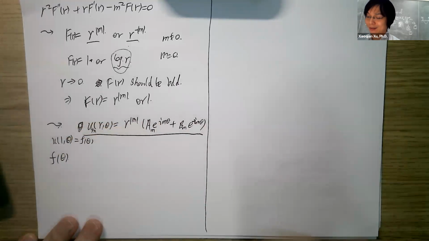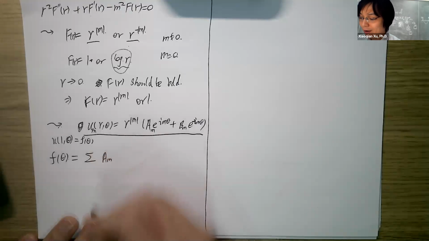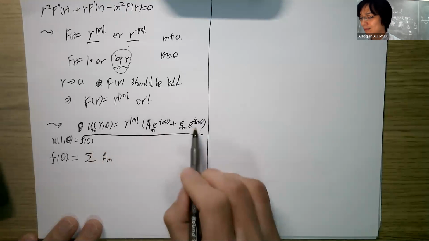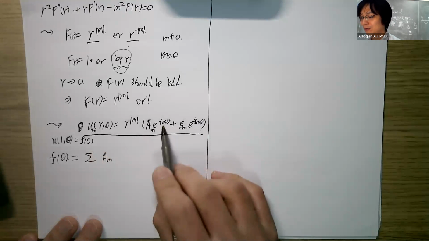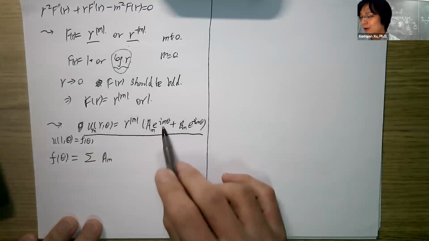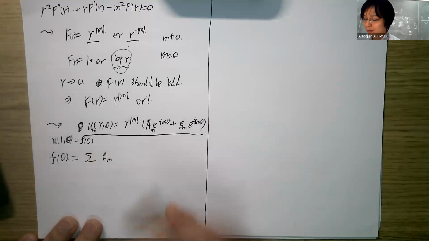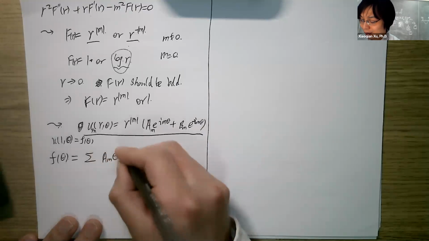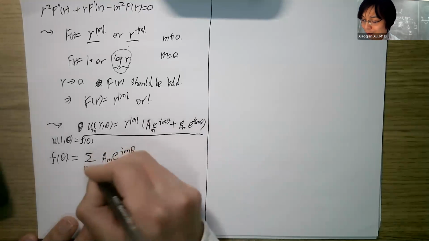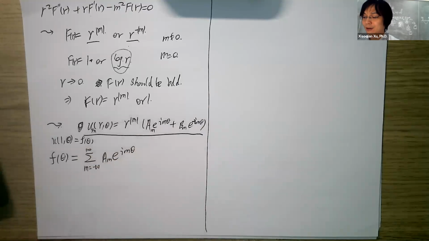Again, this becomes a very simple problem, which is you want to find AM and BM. This is for any M positive, which means that's just to say is IM theta M from minus infinity to plus infinity.